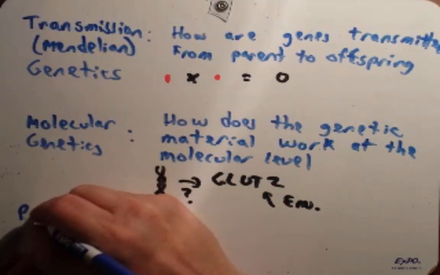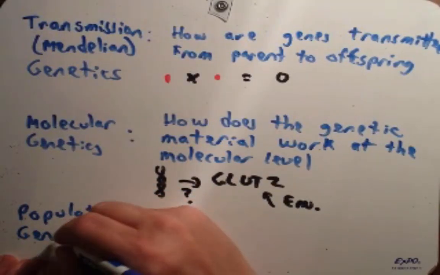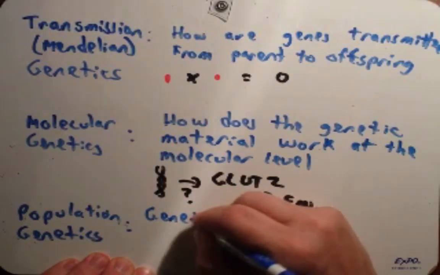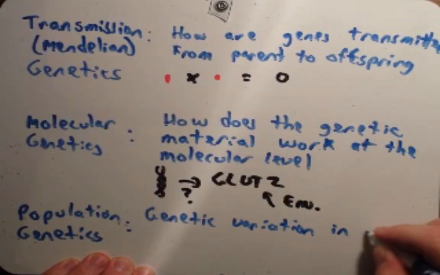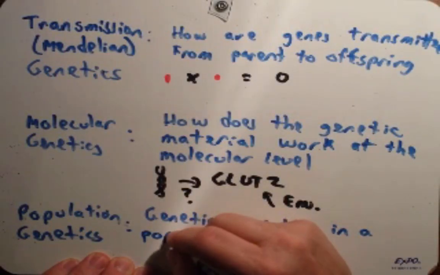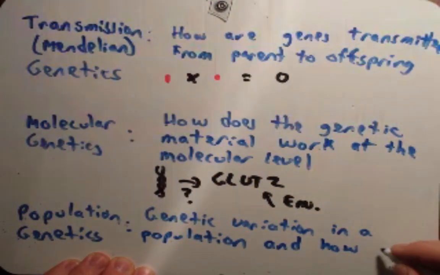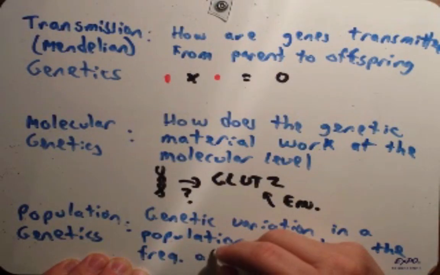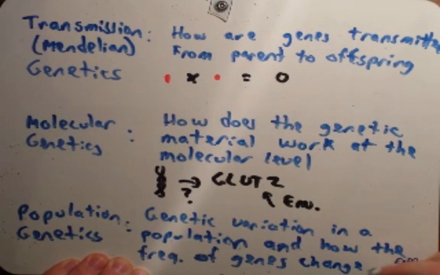A population geneticist is interested in the genetic variation in a population, and how the frequency of genes change with evolution.